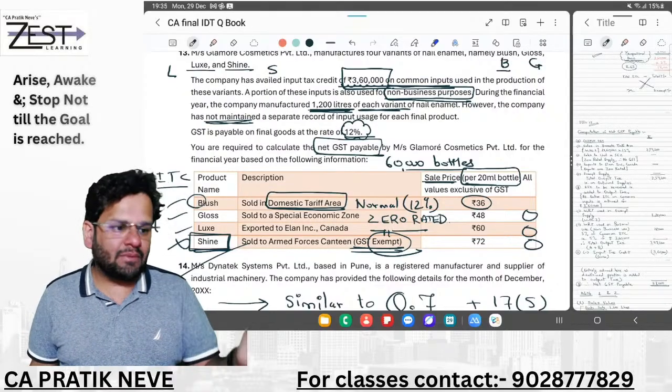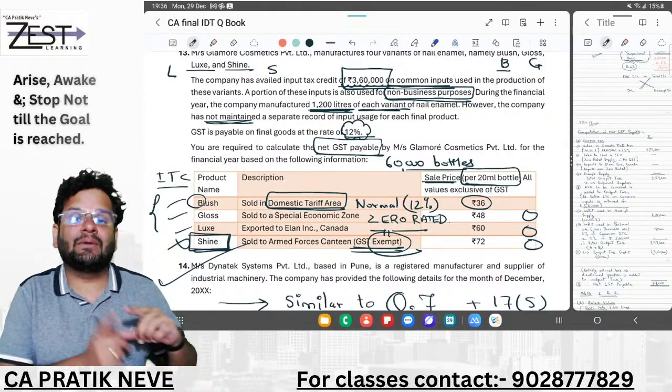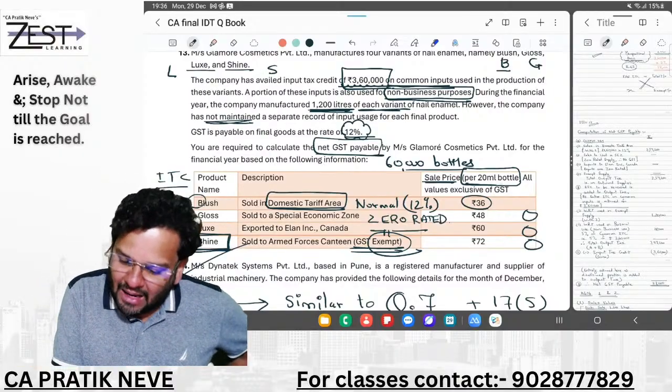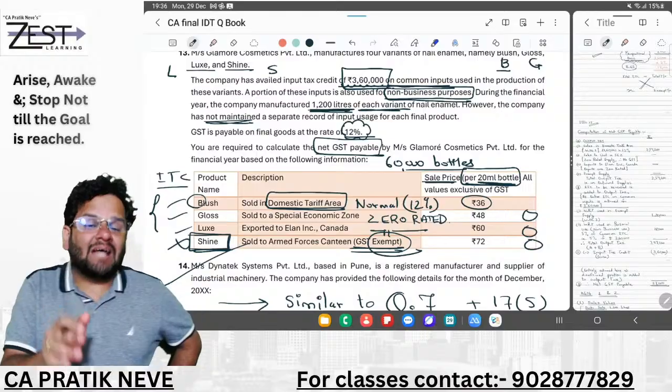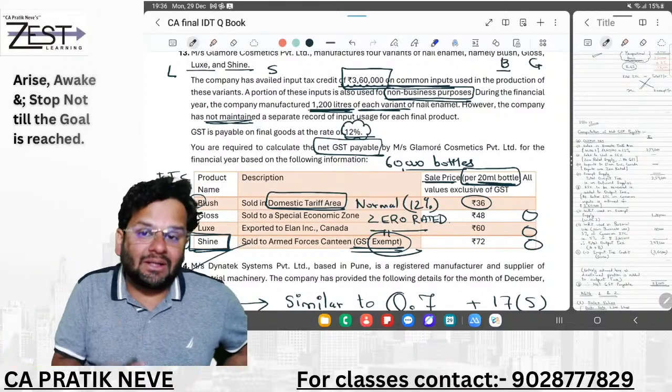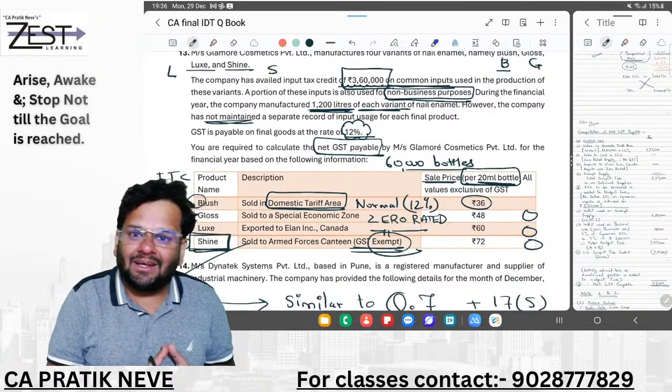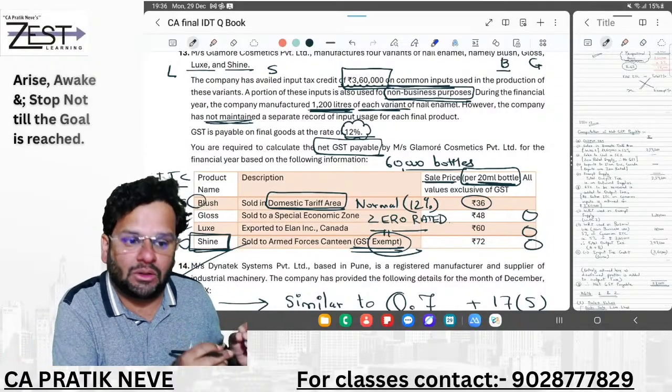So liters I am converting in ml. I am getting 12 lakh. 12 lakh ml divided by 20 ml, because I want the number of bottles that I am selling to get the assessable value. So I must be getting 60,000 bottles.